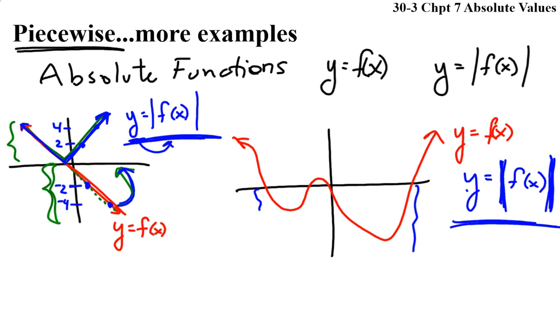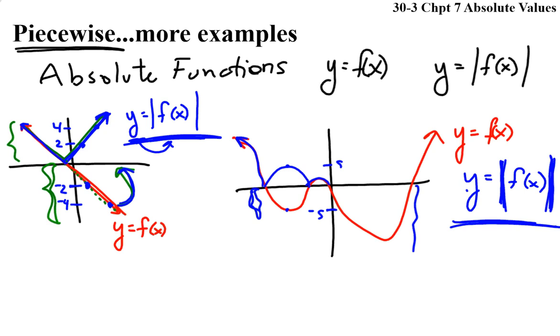So that means this portion of the graph where y is negative would now have to become positive. Whatever this point was as a negative, let's say it's negative 5, it's now going to be at positive 5. The part that's already positive, this positive y, will stay the same.